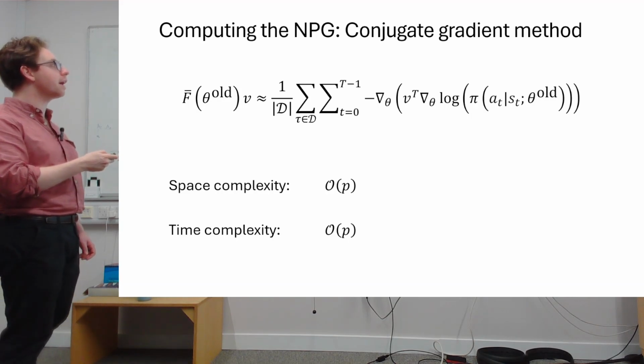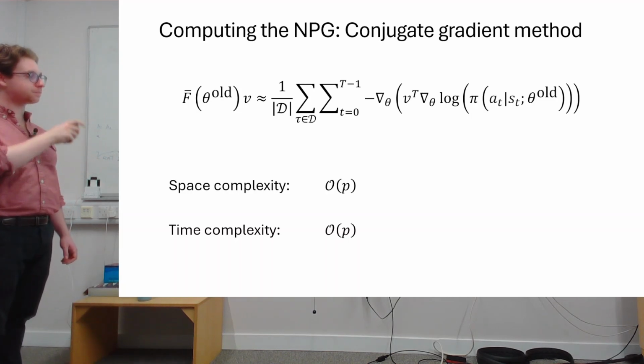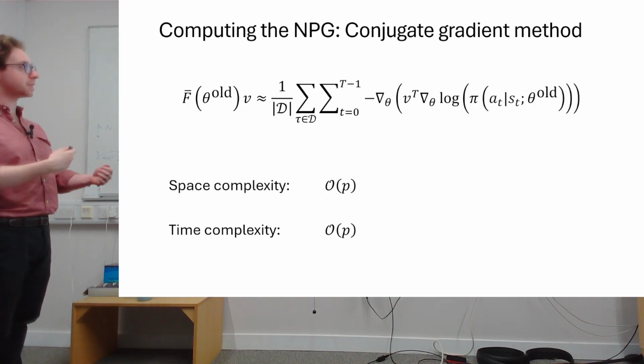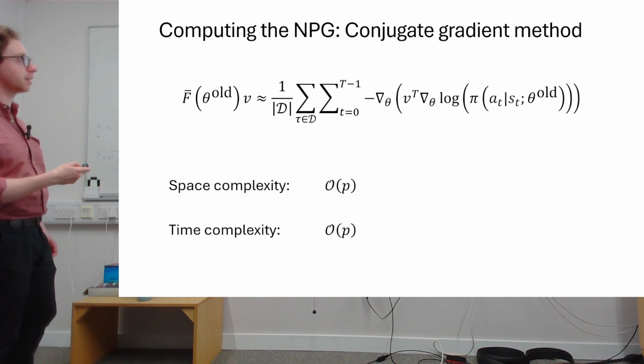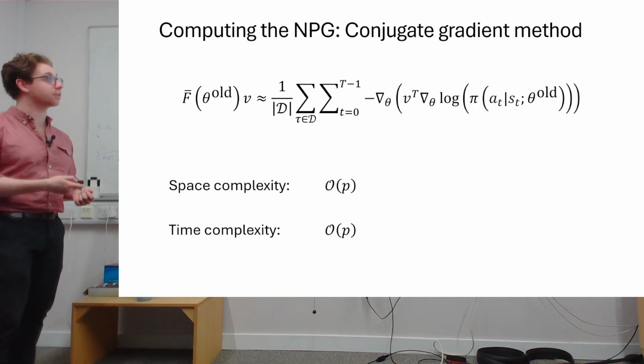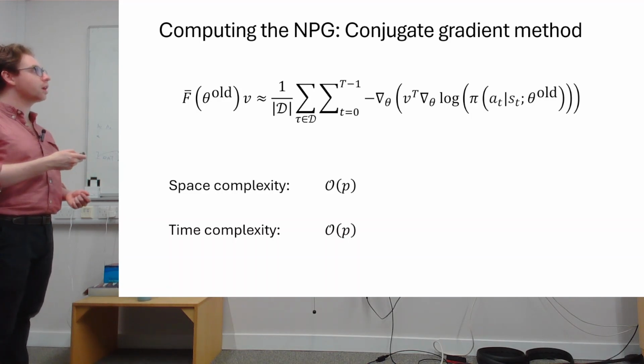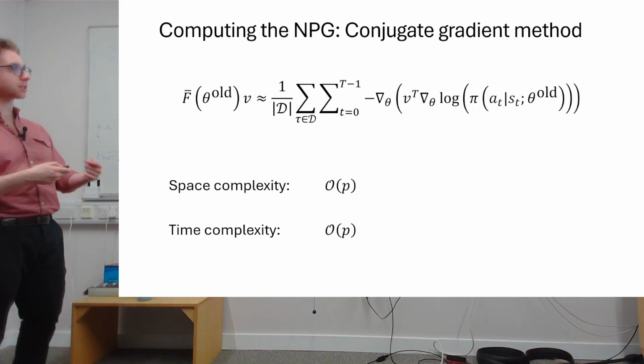Then I take the inner product of this vector with a particular direction v that I'm interested in. This gives me a function that takes in a set of parameters and computes a scalar. So the grad theta gives me a vector in parameter space, and taking the inner product with a particular direction gives me just a single scalar.